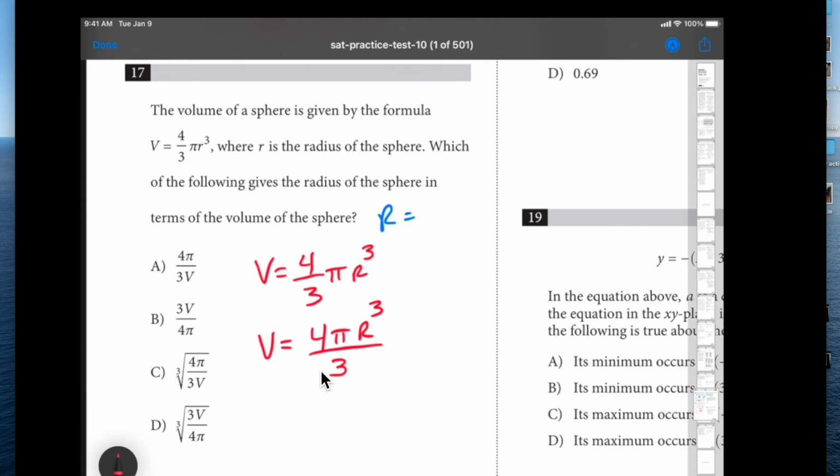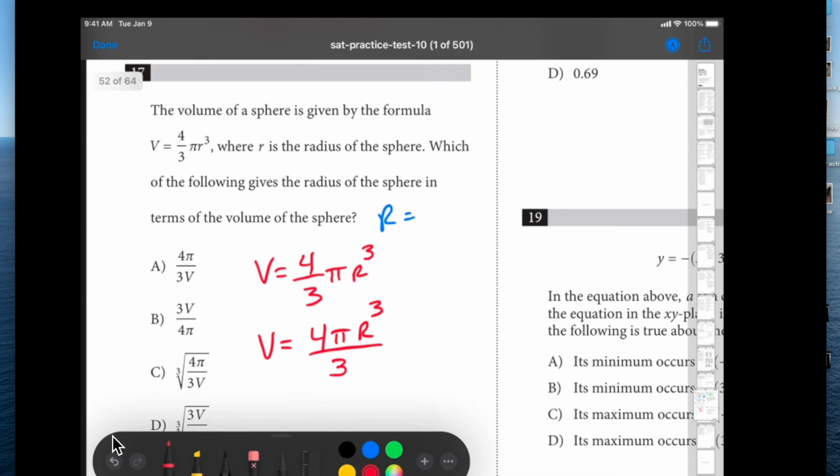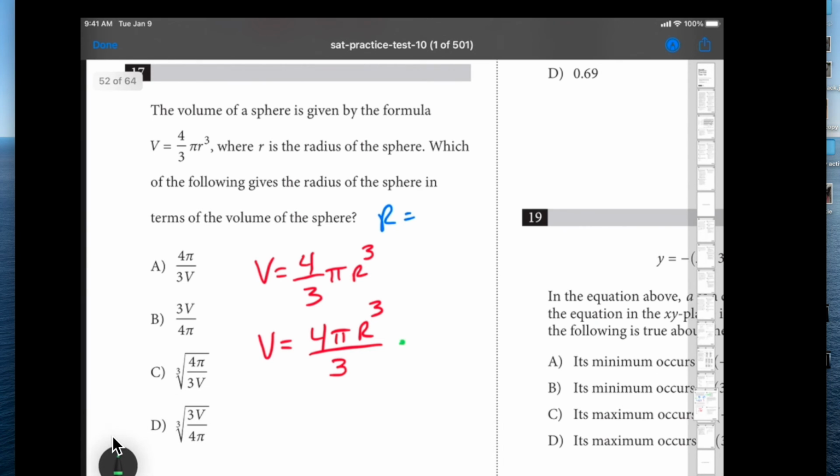The next thing is you really want to isolate the r cubed first. So I'm going to multiply by the reciprocal of the 4 pi over 3. Let me do that in a different color. On this side of the equation, I'm going to multiply by 3 over 4 pi. I'm going to do the same thing over here, and I'm also going to put this V over 1 to remind myself that V is in the numerator with the 3.